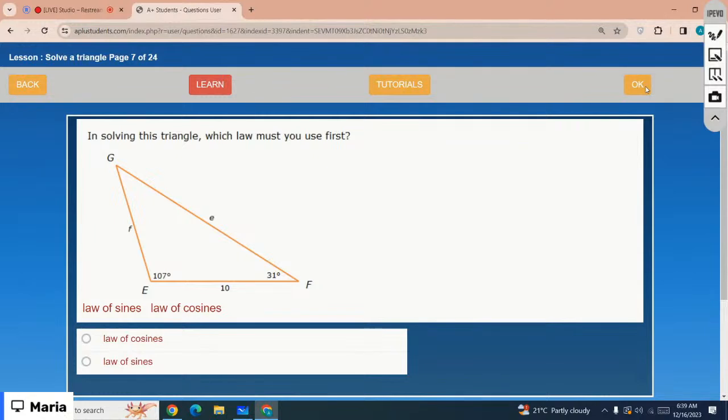Which is the correct option? You can use the law of sine because you're given two of the angles and one of the sides. So in this situation, you can use the law of sine, right?